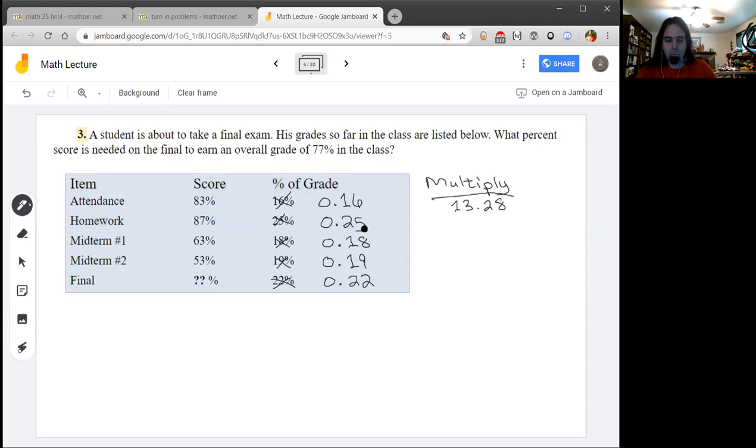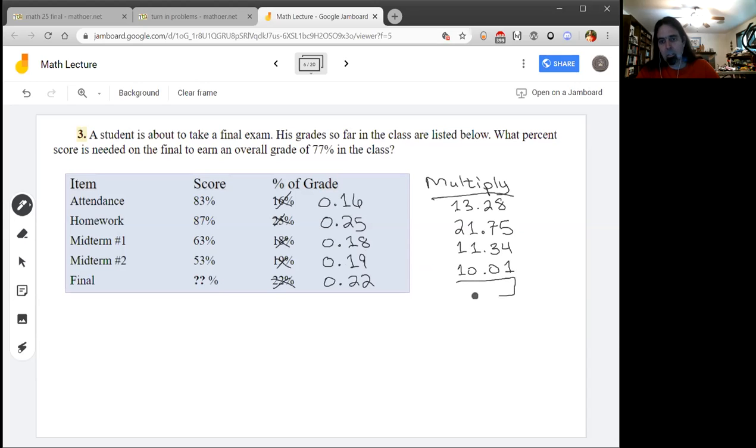87 times 0.25 is 21.75. 63 times 0.18 is 11.34. 53 times 0.19 is 10.07.